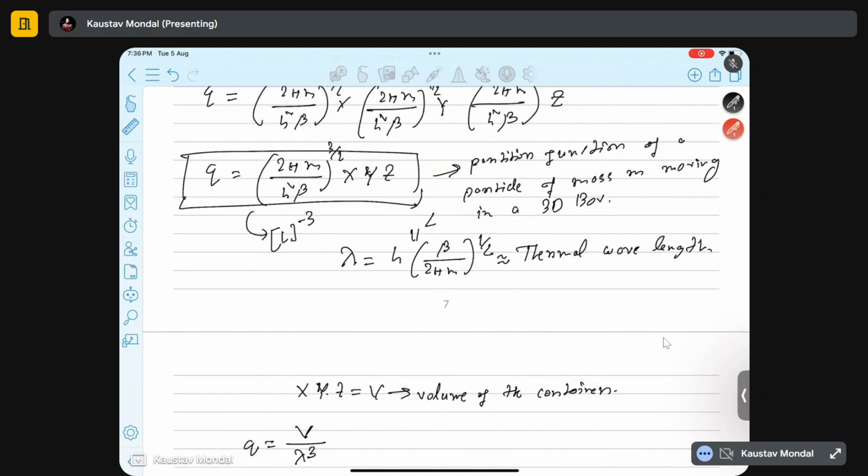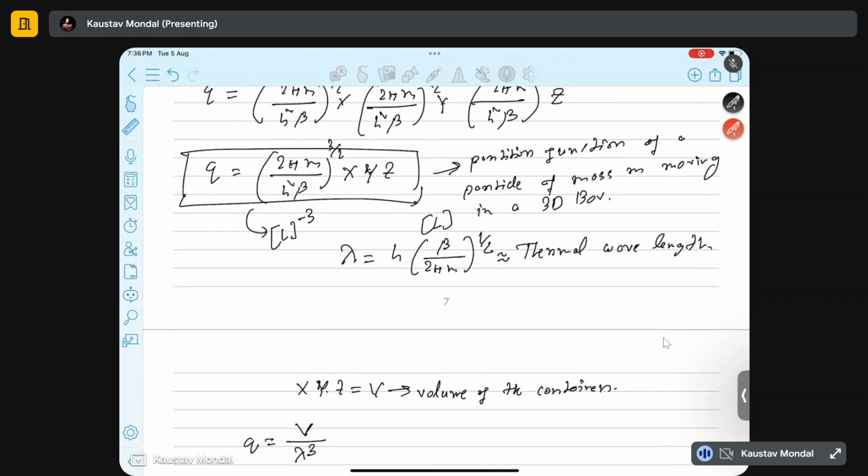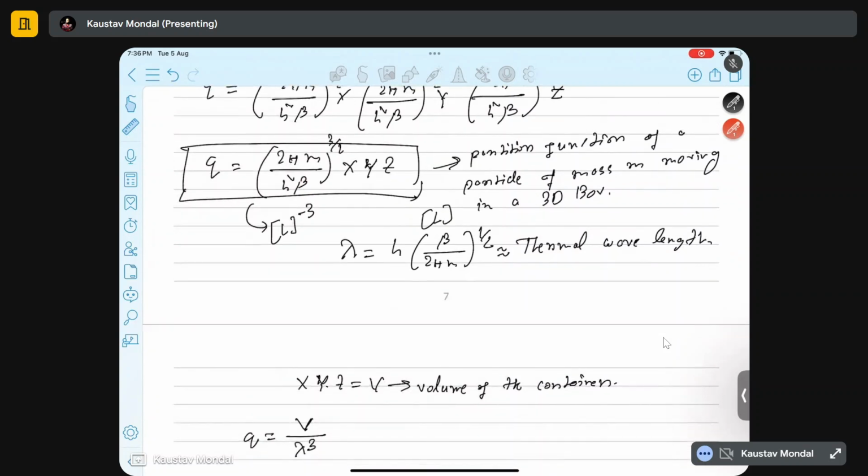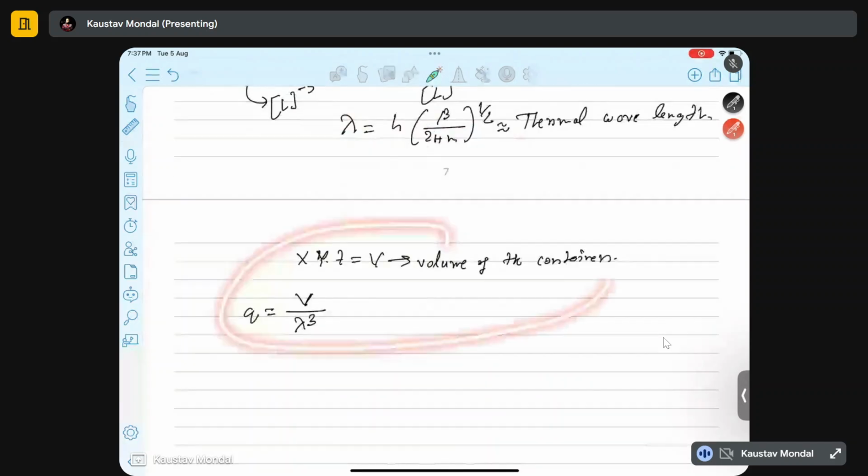Now it's fine. It has the unit of length. So this is called the thermal wavelength. Now we substitute this expression into the main expression, and after doing that we get this final result for the partition function Q for a particle moving in a 3D box.